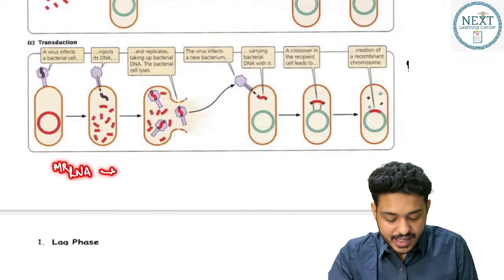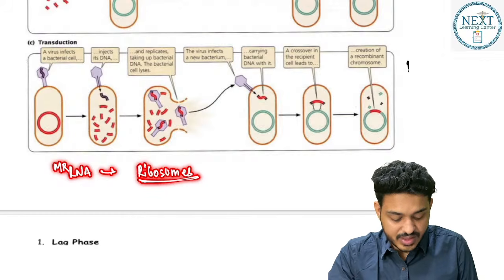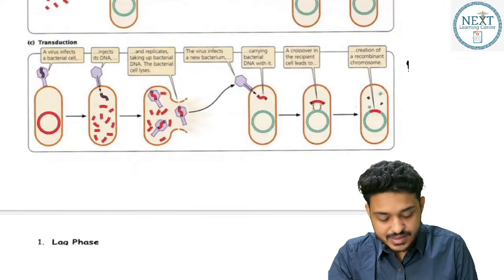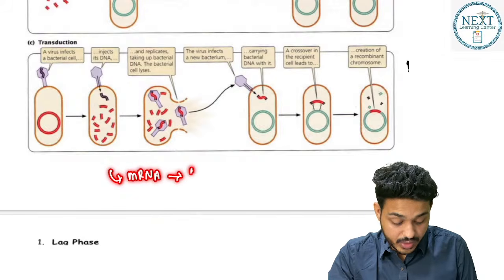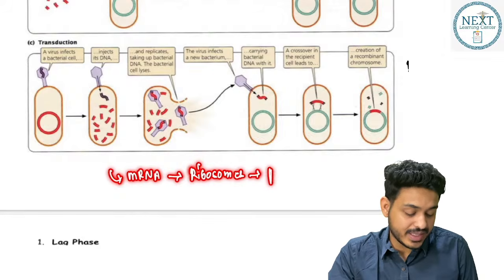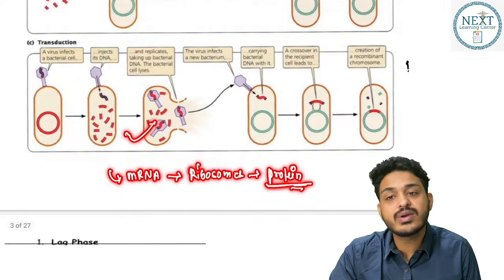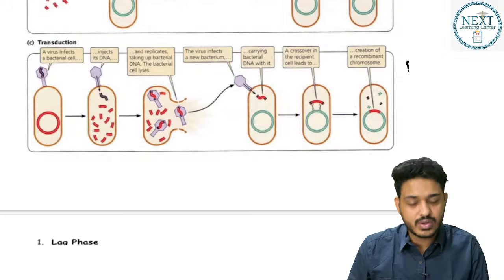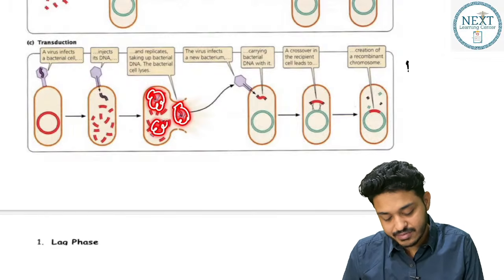This RNA will combine with the nucleus, and it is going to make what? mRNA, and now this mRNA will enter into your ribosomes, and ribosomes have the capability to produce what? Proteins, and these proteins are going to further make what? They will enter into your Golgi apparatus. All those things will happen, and ultimately you will get a new replica of the same virus, right?